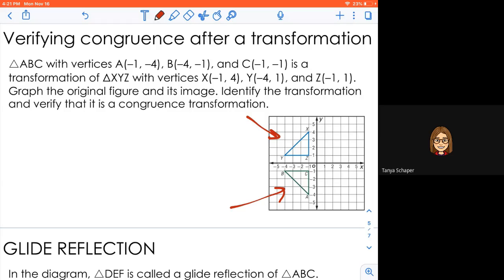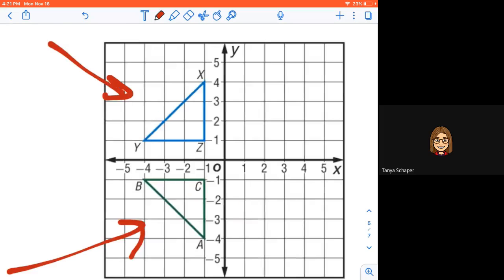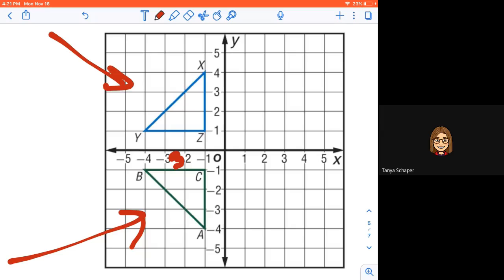So when I look at this particular picture, what I know is that this is a distance of 3. This is a distance of 3. This is 3. This is 3. Because of the isosceles triangle theorem, I can say that these two angles are congruent and these two angles are congruent, but I don't necessarily know that the angles from the green triangle are the same as the angle from the blue triangle.